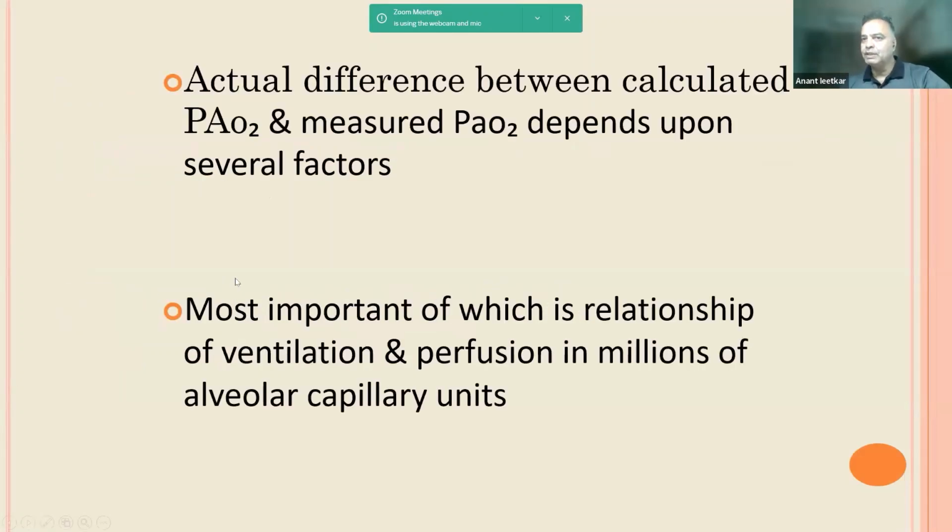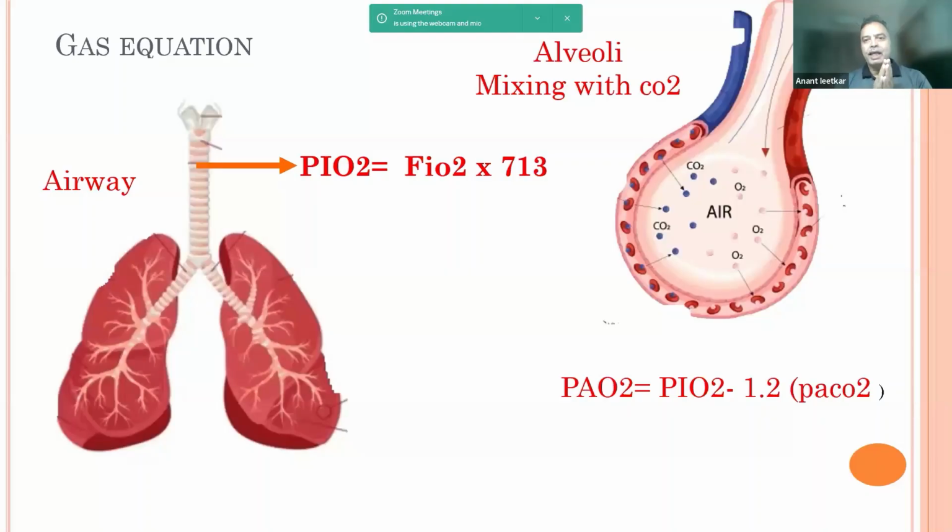So the actual difference between the calculated alveolar PO2 and the measured arterial PO2 depends on several factors. The most important of these is the relationship between the ventilation and perfusion of millions of alveolar capillary units. This is a very important equation that is called the alveolar gas equation.